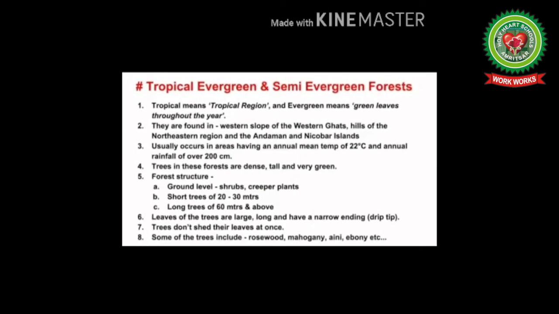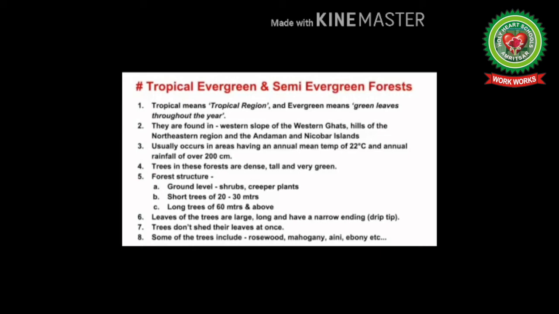Let's recap the points which we have discussed just now. Tropical means tropical region, and evergreen means green leaves throughout the year. They are found in the western slopes of the Western Ghats, hills of the northeastern region, and the Andaman and Nicobar Islands. They usually occur in areas having an annual mean temperature of 22 degrees Celsius and annual rainfall of over 200 centimeters. Trees in these forests are dense, tall, and very green.